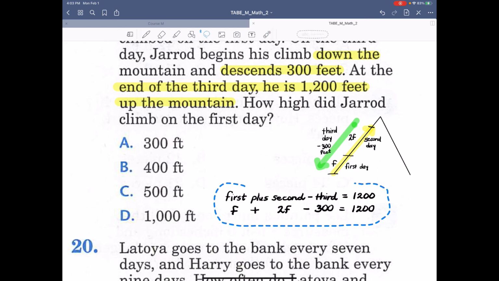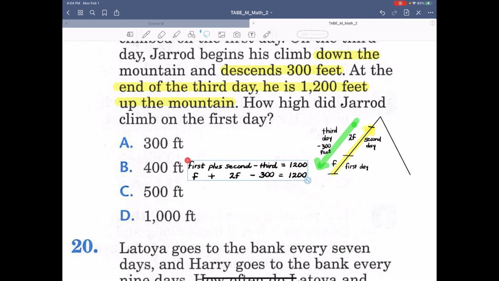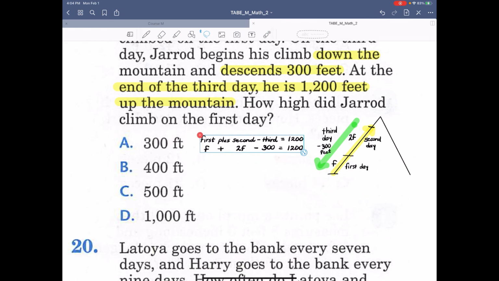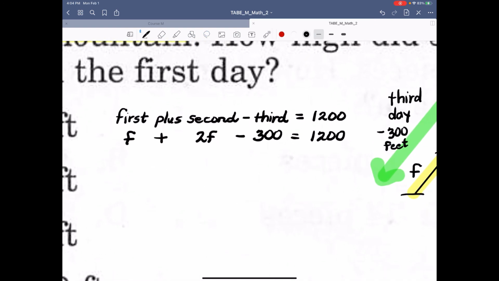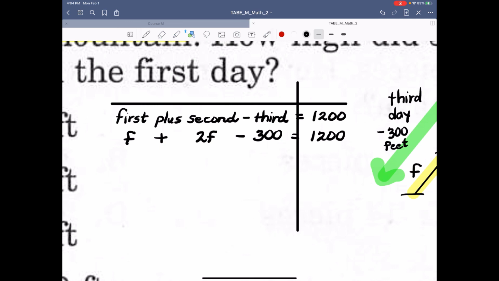Now we're going to solve this bad boy right here, but I need to make him a little bit smaller so I can fit it all in here. Okay, so let me zoom in. Go ahead and put your power T in. That'll help you keep it straight. So we're going to combine like terms. We have F plus 2F right here.